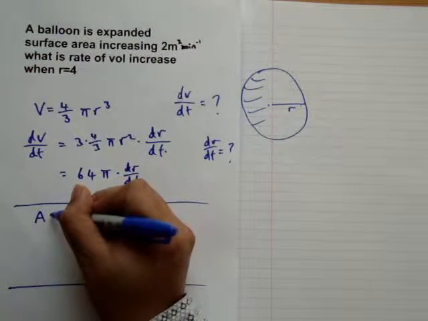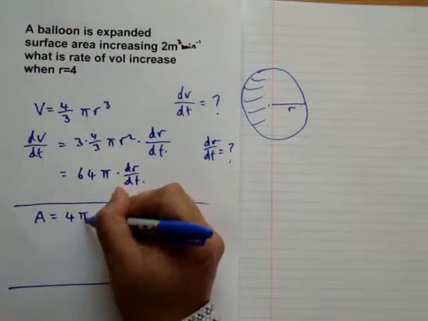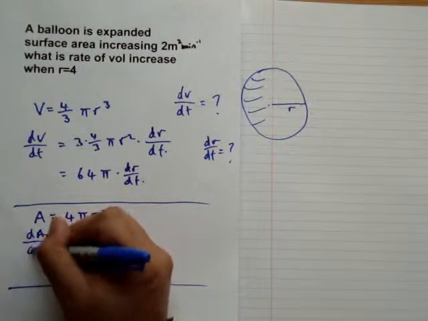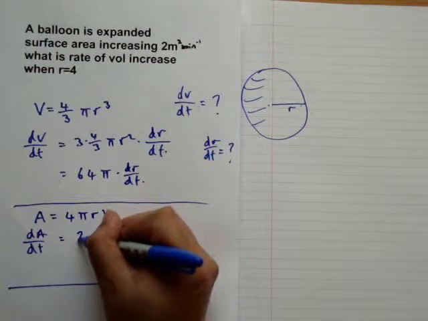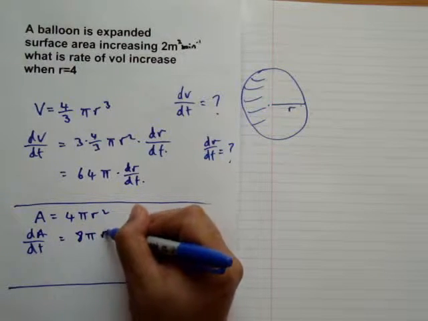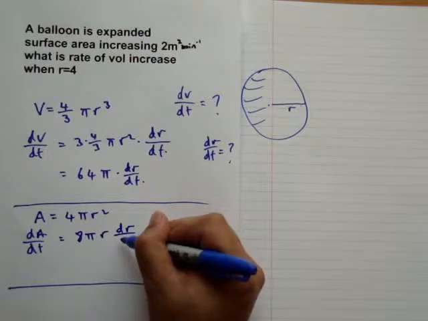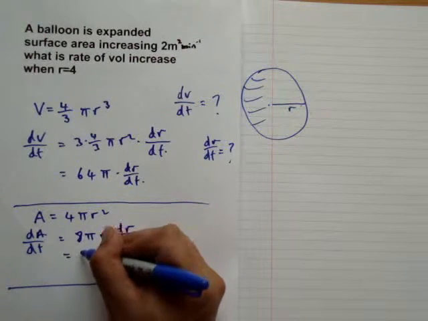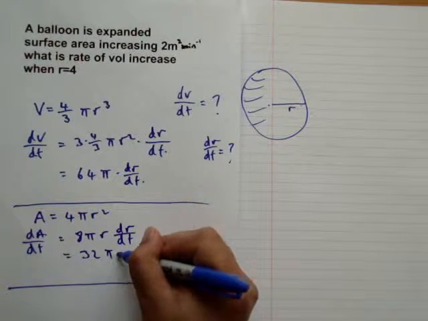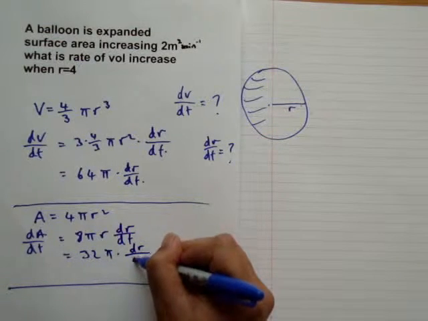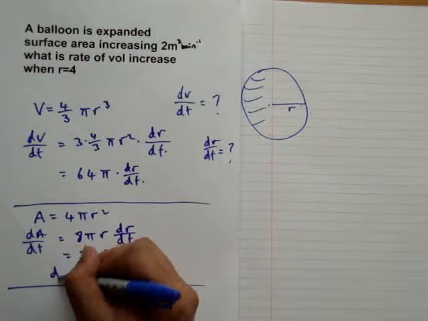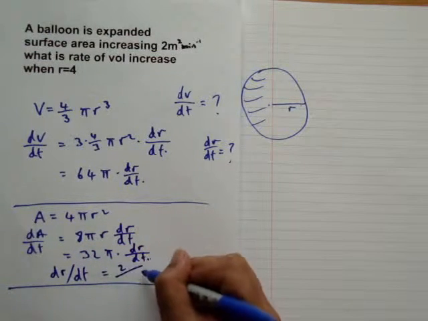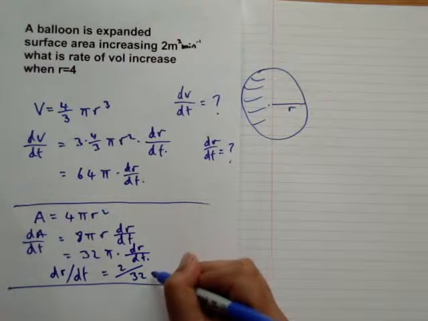The area of a sphere is 4 pi r squared, dA by dt is 8 pi r dr by dt, which is 32 pi. So dr by dt equals 2 over 32 pi.